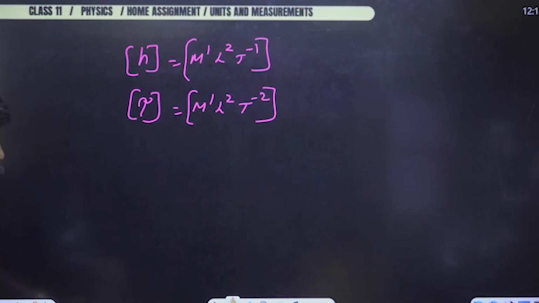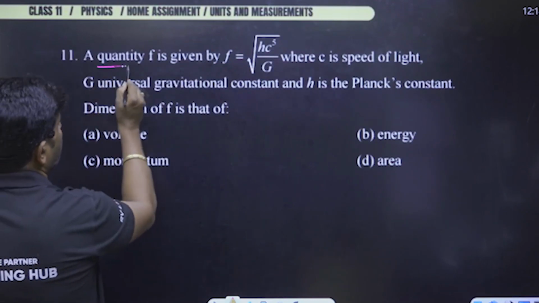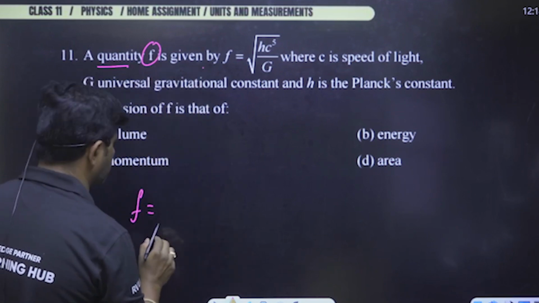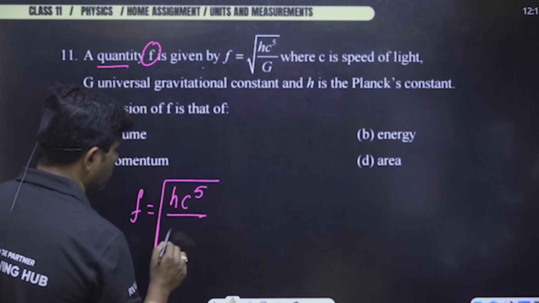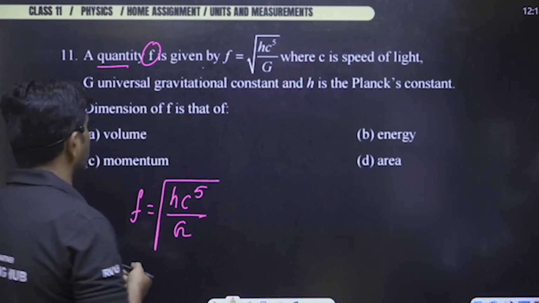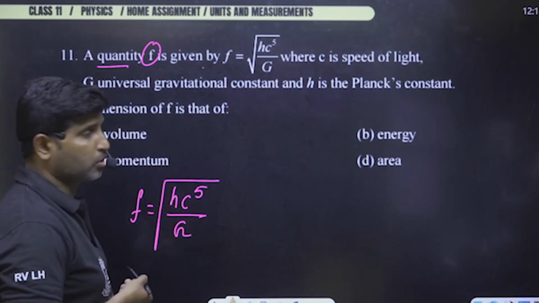So, similarly, let us go to the next question. What they are saying to us? A quantity F is given by root of h c power 5 divided by capital G, where c is the speed of light, G is the universal gravitation constant, h is Planck's constant.